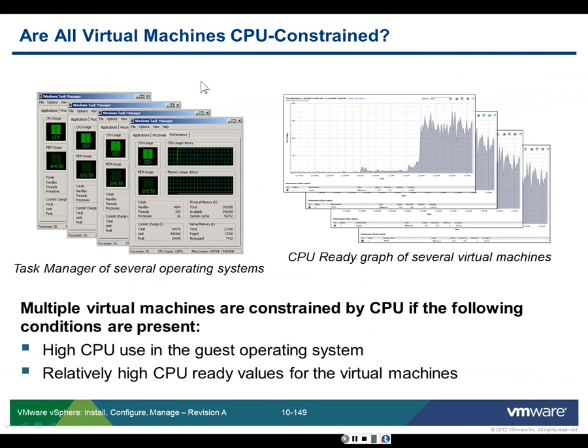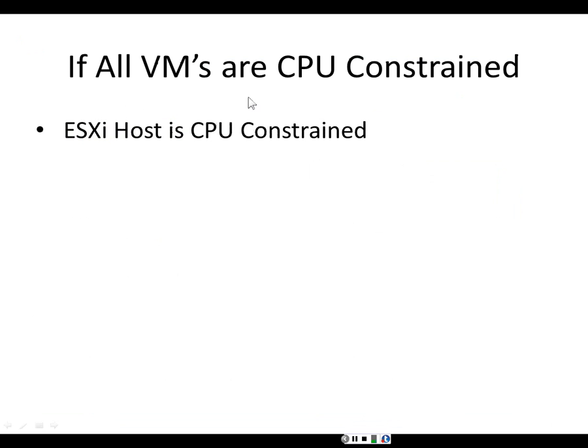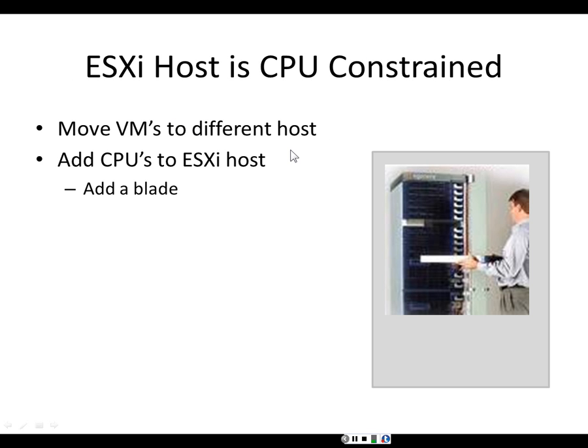But what if all virtual machines are CPU constrained? If all virtual machines are maxed out, well, that implies that the ESXi host is maxed out as well. And if the ESXi host is CPU constrained, then we can either move the virtual machines to a different host or upgrade the host.